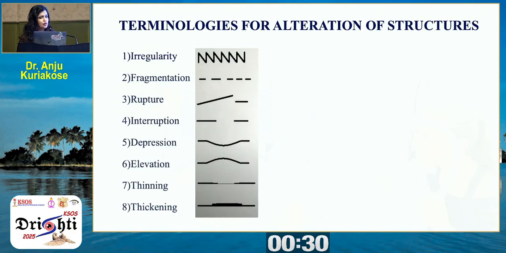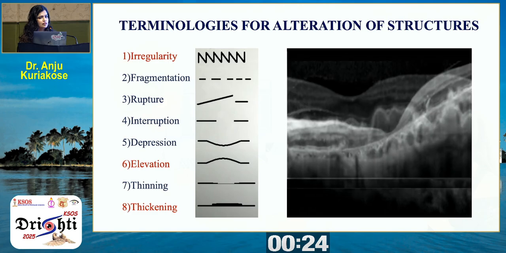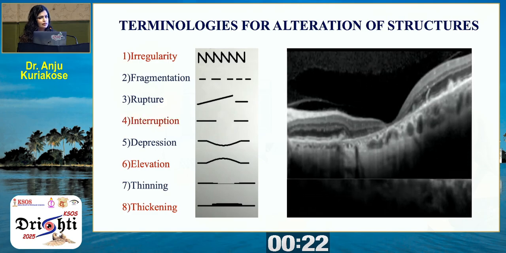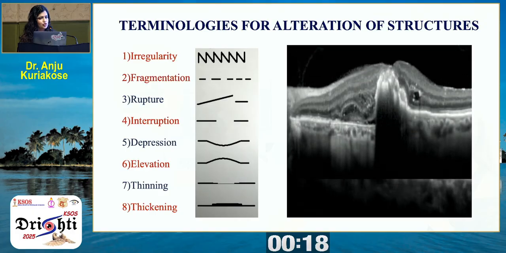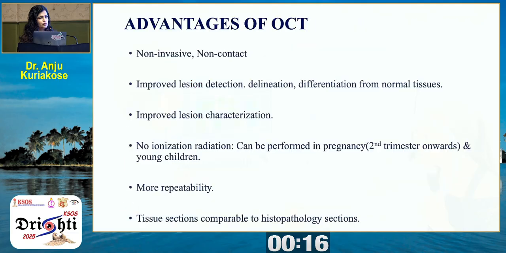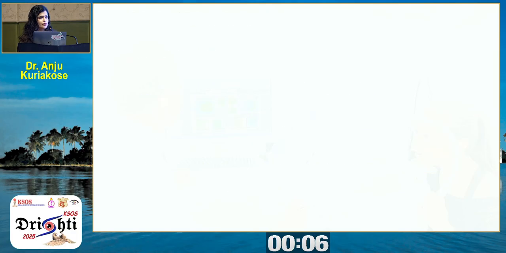And these are the terminologies we will be using: irregularities, thickening, elevation, interruption, fragmentation, rupture. The advantages are non-invasive, non-contact, more repeatability, and the main limitation is media opacities and artifacts.